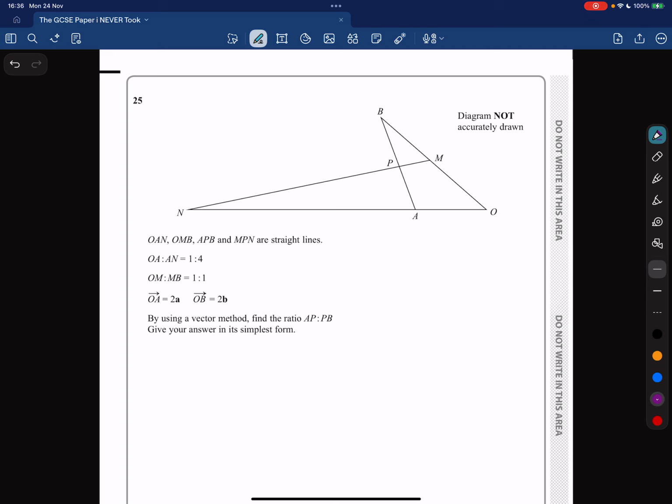OA to ON is equal to 1 to 4. So you're 1, you're 4. So you're 1 to 1. And the ratio of AP to PB.